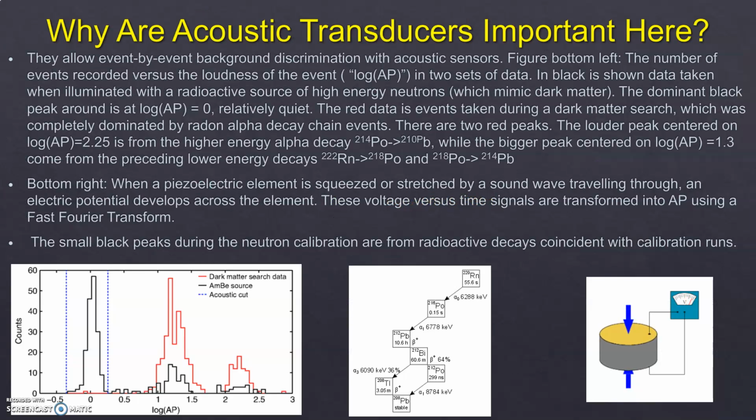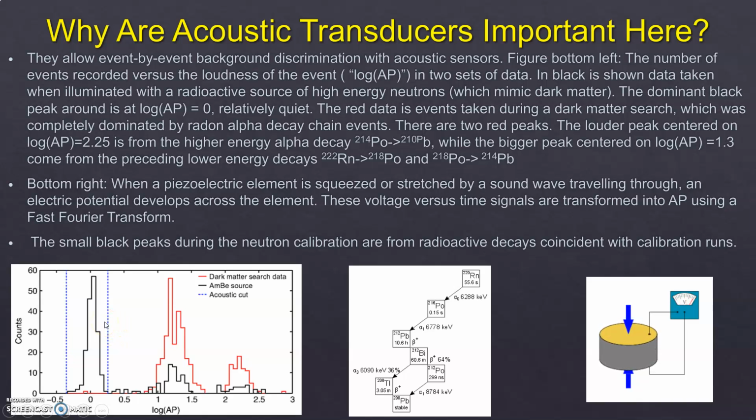What acoustic transducers do is collect sound energy and convert it into another form of energy. They also allow event-by-event background discrimination. If you look at the graph here on the left, the red line represents the noises of radioactive background particles, and the black line represents the noises of dark matter particles.